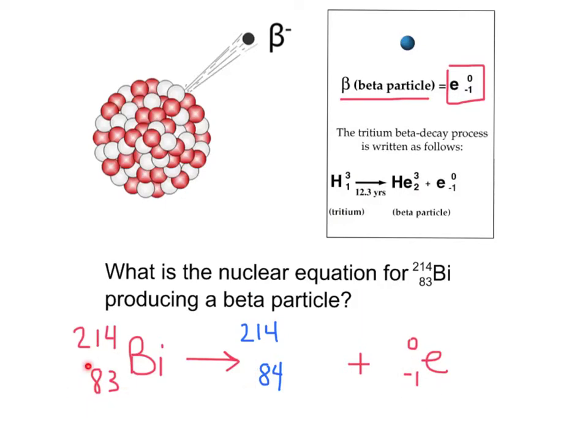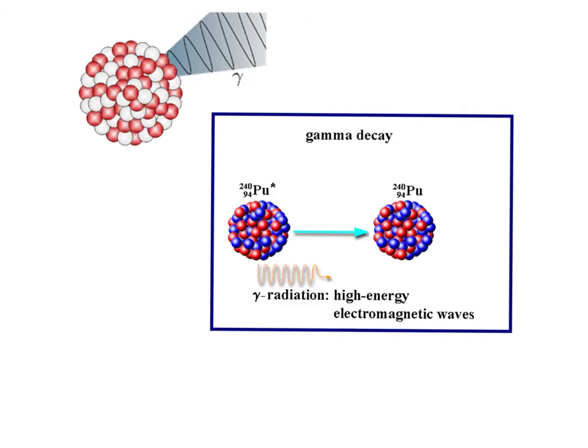Now those match. We can now write our nuclide because we can look at the periodic table. We can see that the element that has 84 protons is polonium. And that is the symbol for polonium, and that's our nuclear equation.